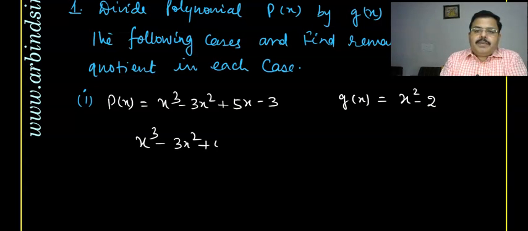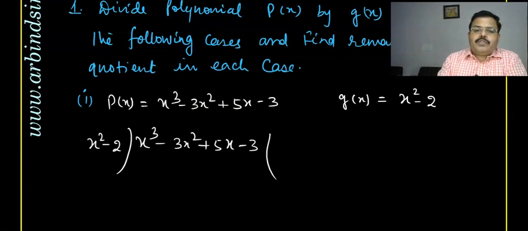We divide x cube minus 3x square plus 5x minus 3 by x square minus 2. Simple division. What should x square be multiplied by so that we get x cube? Clearly it is x. If you multiply by x, x square into x will be x cube, and minus 2 multiplied by x will be minus 2x.